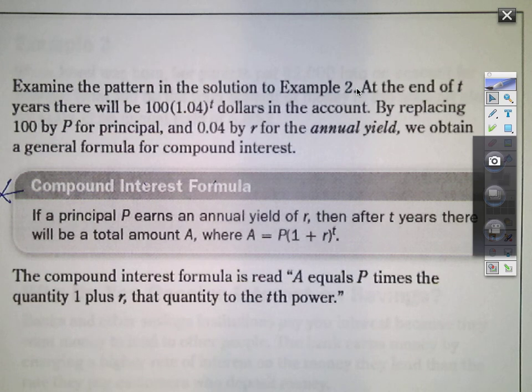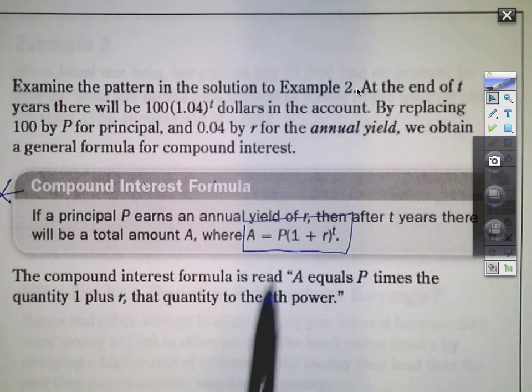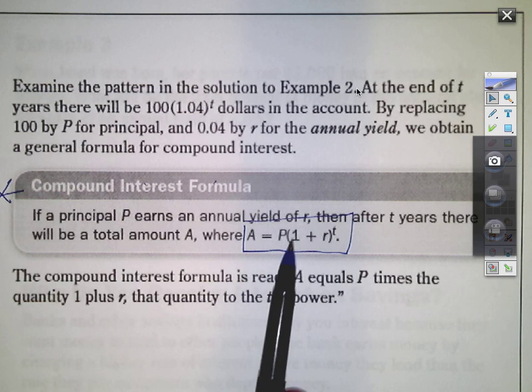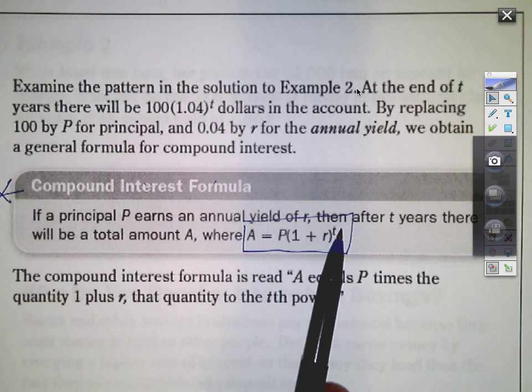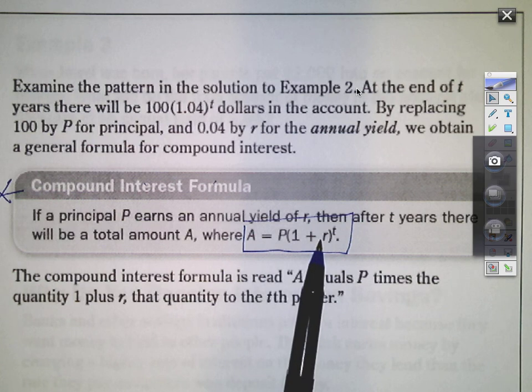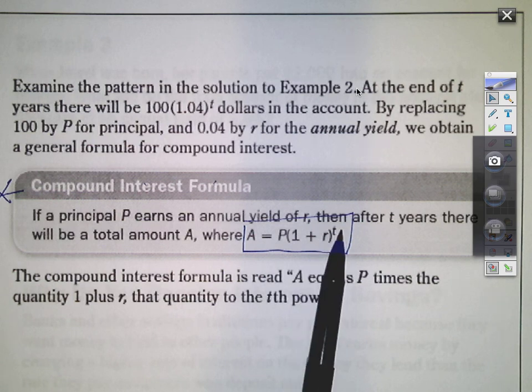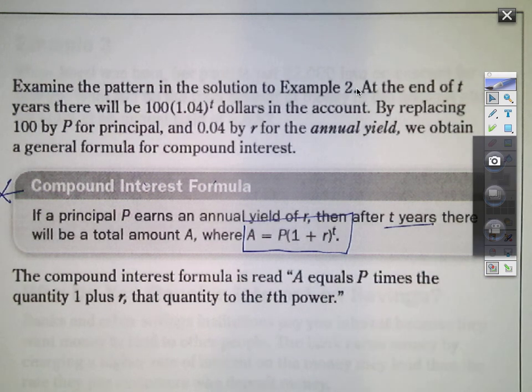You need to memorize the compound interest formula. You're going to want to pause now and write this down. The equation A, which is the amount, is equal to P times the quantity 1 plus r to the t power. P is the principal, r is your annual yield, and t is in years.